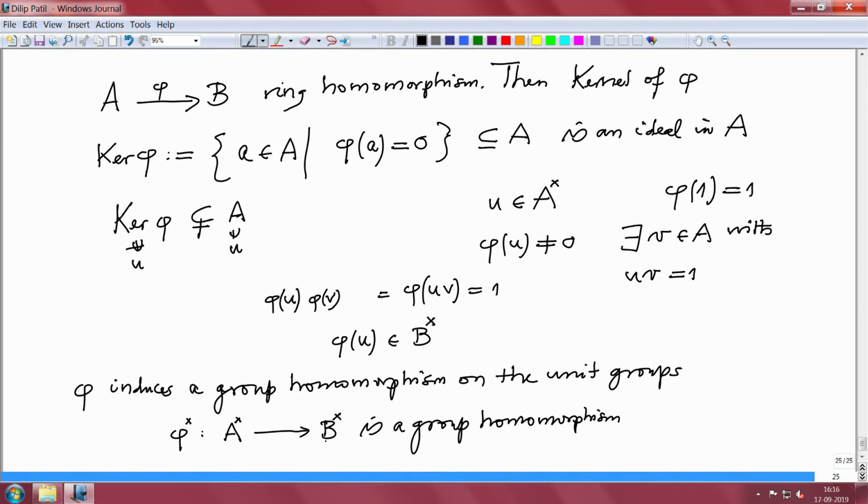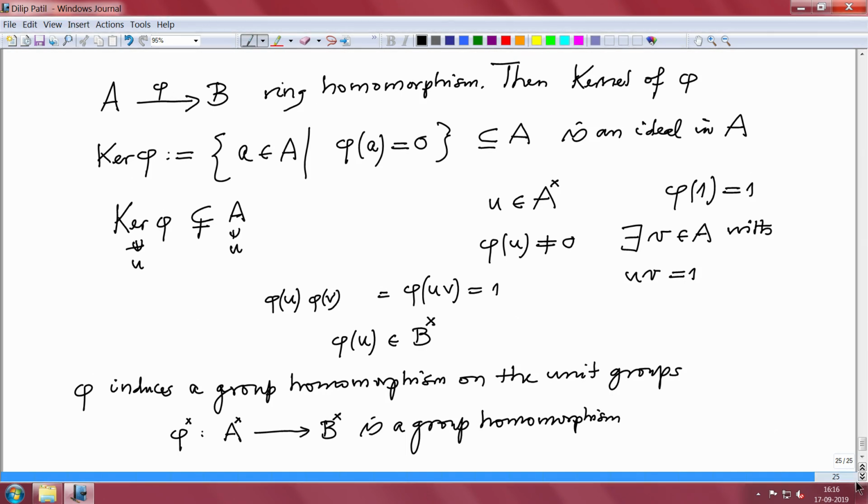All right. Now, we have noted the kernel gives a proper ideal. So in particular, if A were a field, then the kernel is not the whole field K, therefore we have only the chance that it is 0.